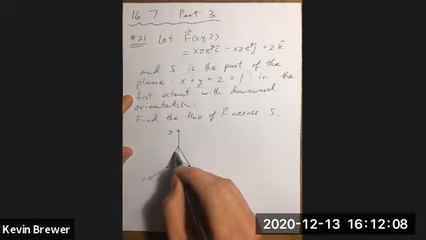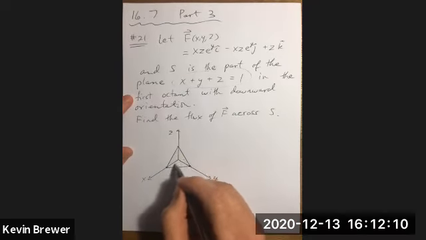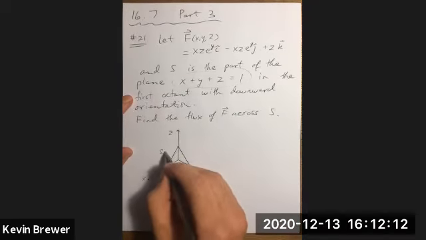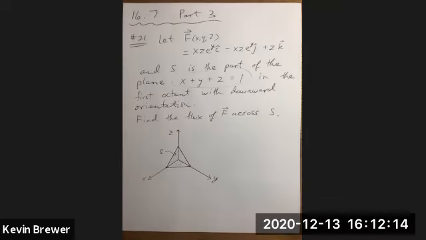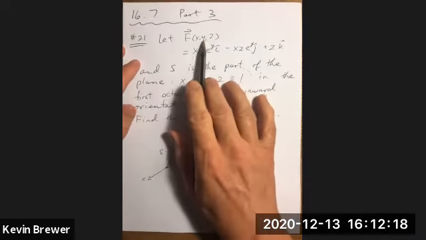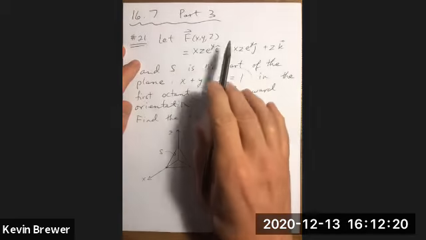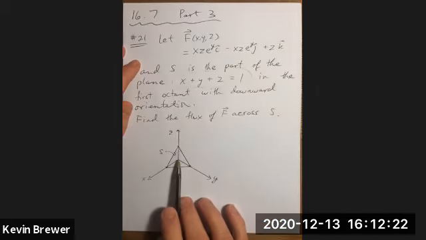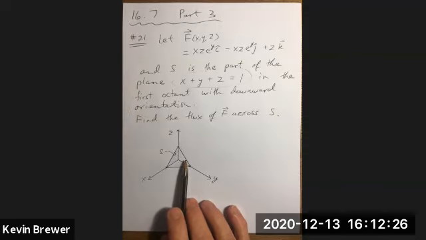So here's our surface S. And I won't attempt to draw this field, but we're trying to get the flux of F, the downward flux of F across S.